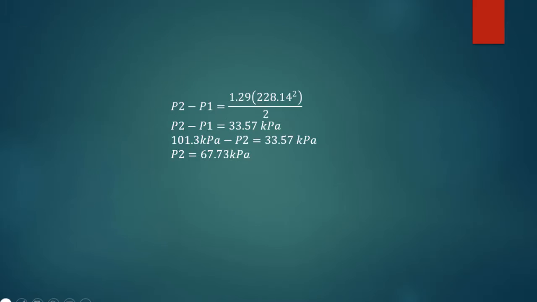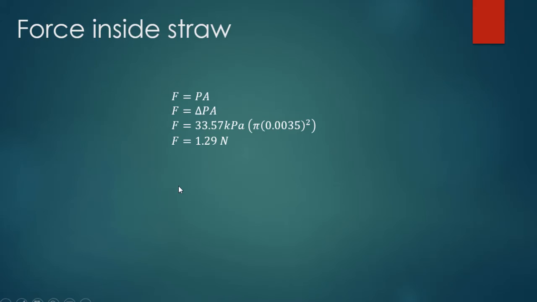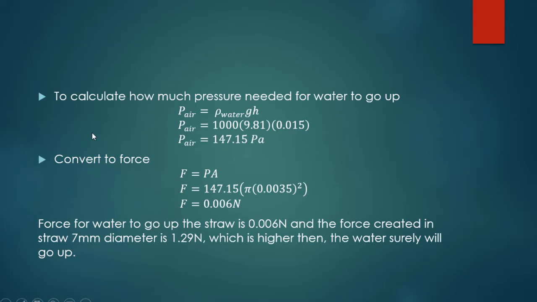Using the pressure difference, we can get force. Now we can calculate how much pressure is pushing the water out using the formula F equals PA, and we get a force of 1.29 Newton. Then we can calculate how much pressure is needed for the water to go out of the straw.